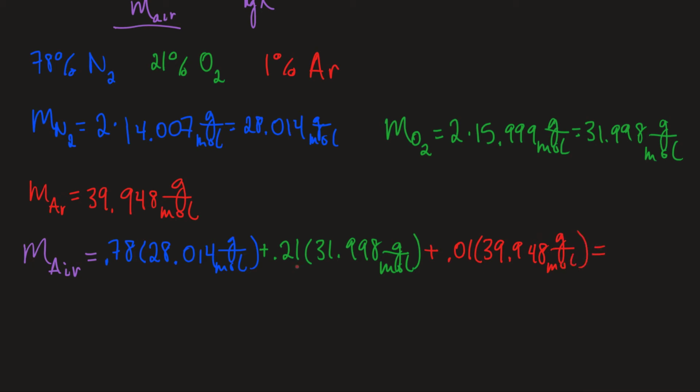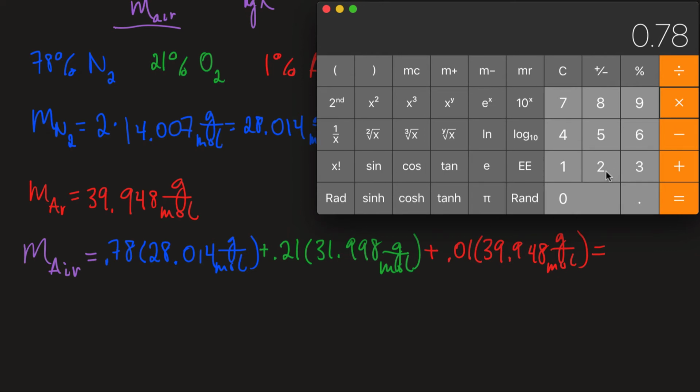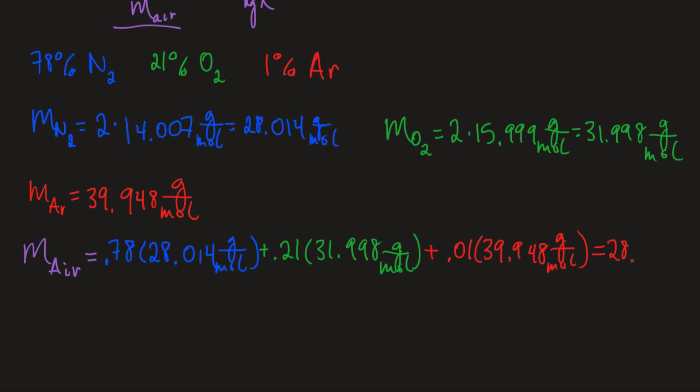Pulling out a calculator for this one: 0.78 times 28.014 plus 0.21 times 31.998, trying not to make an entering error, plus 0.01 times 39.948, enter. That gets us about 28.97 grams per mole.